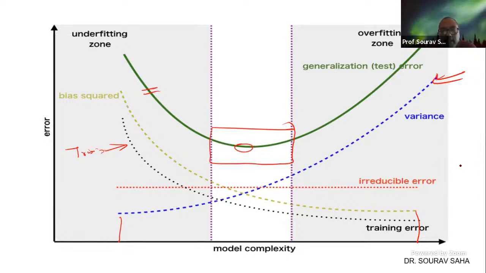This zone is where you should try to find your optimal. As I said, you should always try to find the sweet spot where the difference between the training and the validation performance is lowest. This part of the error is irreducible error. However hard you try, you will not be able to reduce it, because it comes from inherent bias or noise in the data itself.